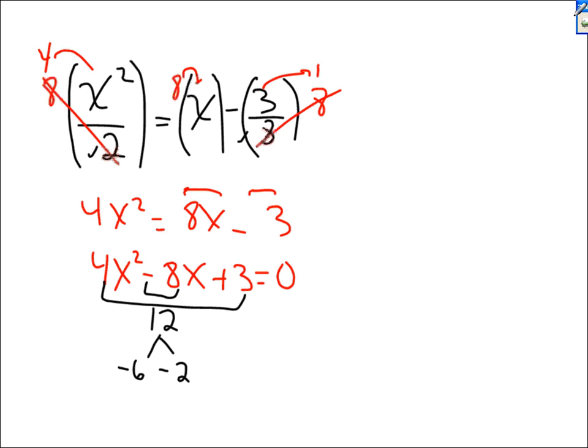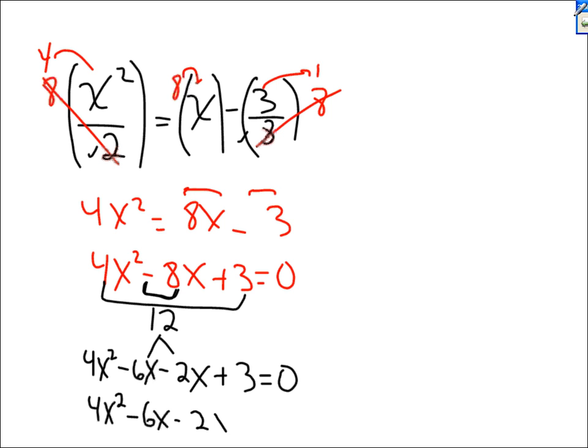And when it comes to the negative 8x, we're going to write minus 6x minus 2x. And since they're both negative, there's no way I'm going to get the second number to be positive. So there it is. On the line up below, I group the first two, I group the second two.